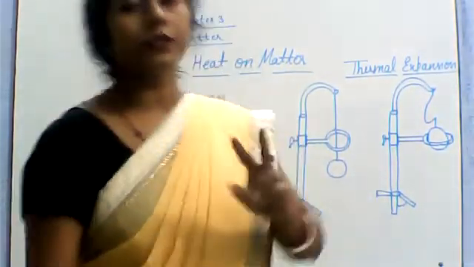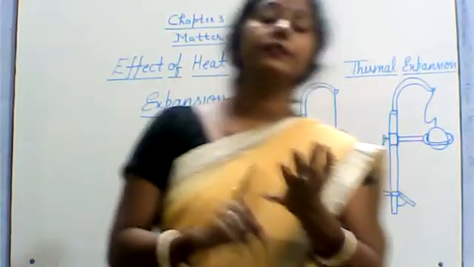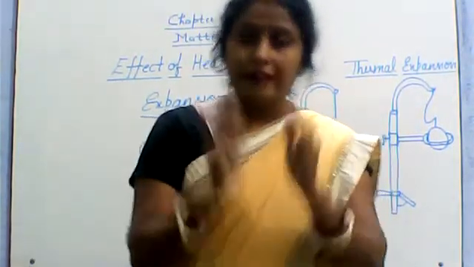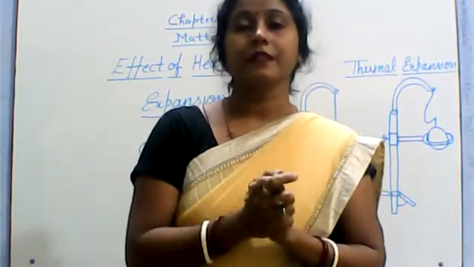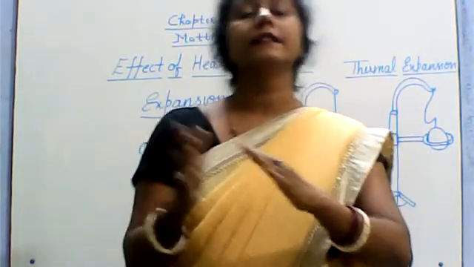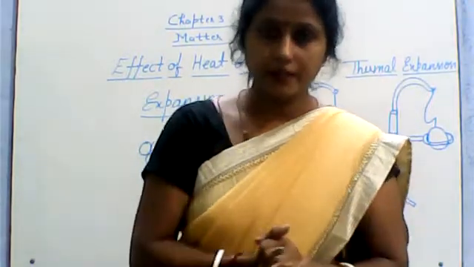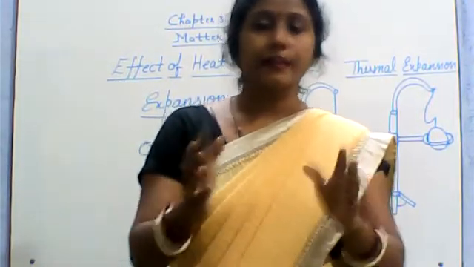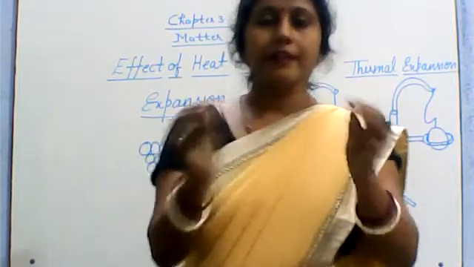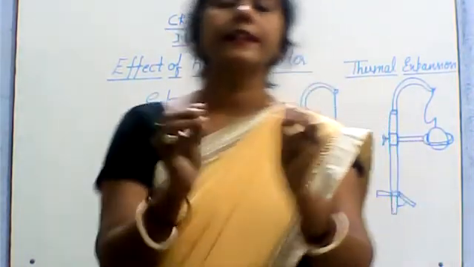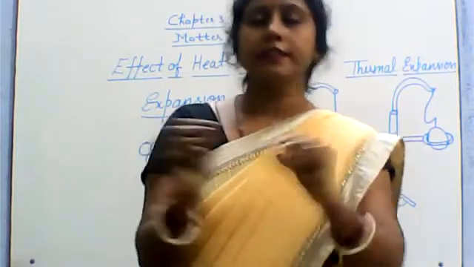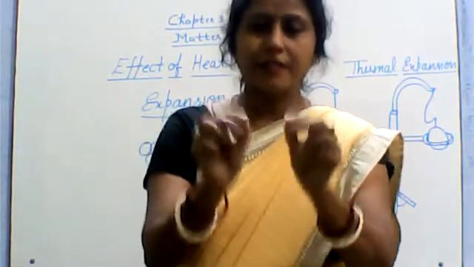Now, as I told you, there are three states of matter: solids, liquids, and gas. In solids, less expansion is there, in liquids more than solid, and in gases the most expansion is there. Why? You know that solid molecules are arranged very tightly, tightly packed. That's why when they get energy, they push each other and make a little bit of space.